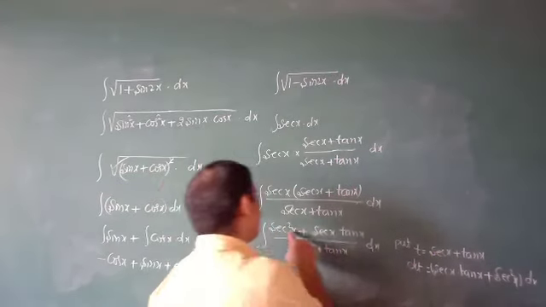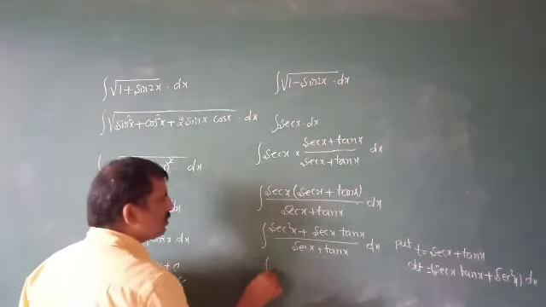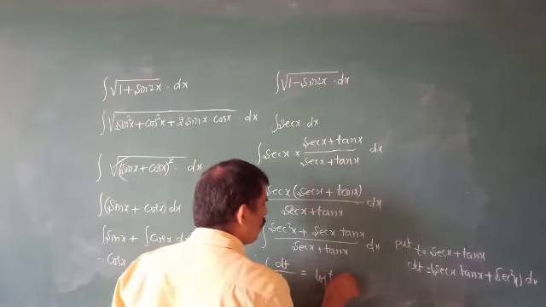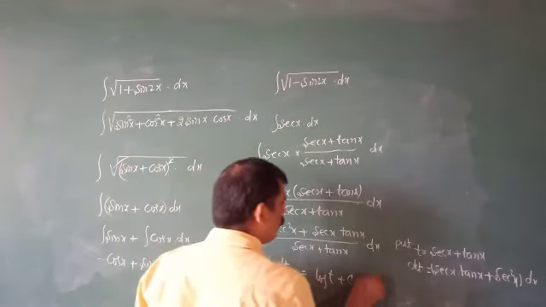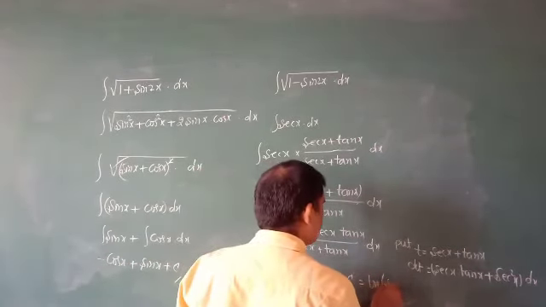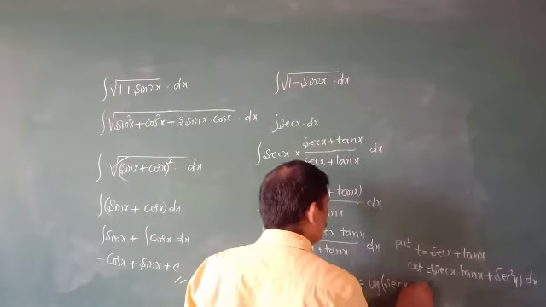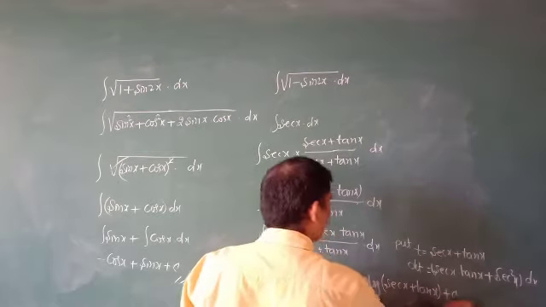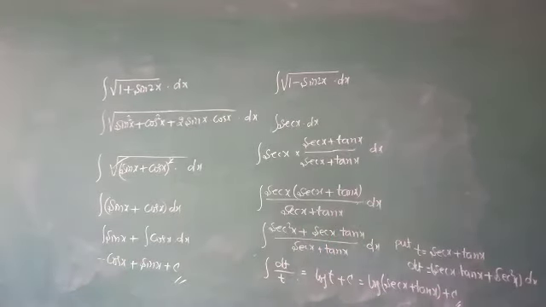So the integral becomes dt divided by t. So 1 by t integrates to log t. So log t plus c is equal to log of secant x plus tan x plus c.